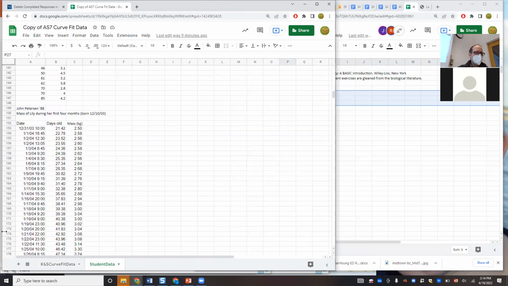So the very bottom data set says Peterson 88, and it says mass of Lily during her first 4 months. So this is my daughter's weight, and I think I mentioned this in class before. She was premature, so her parents were a little bit obsessed with whether she was gaining weight.